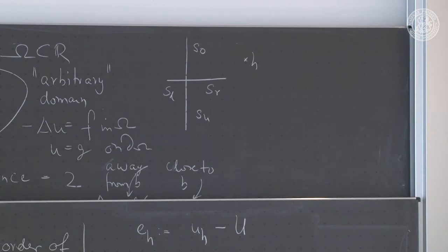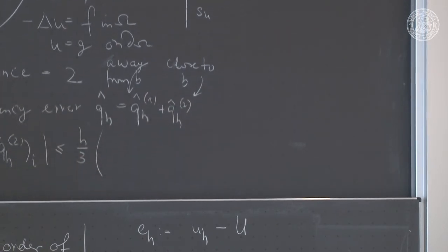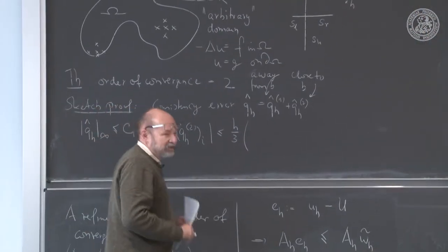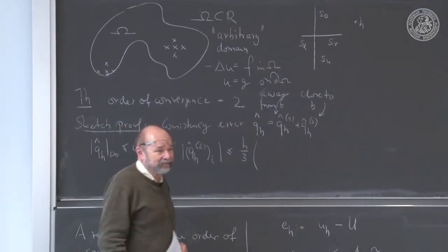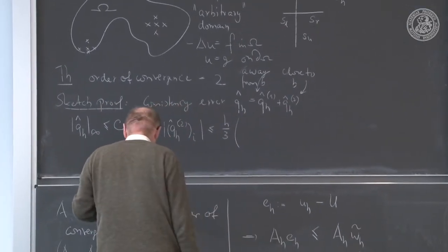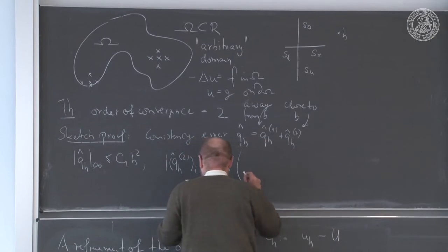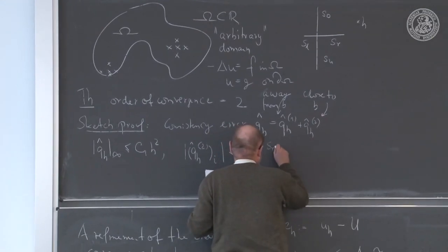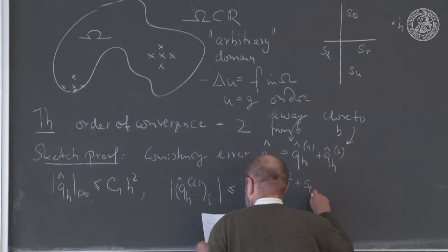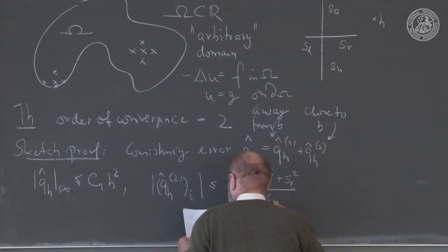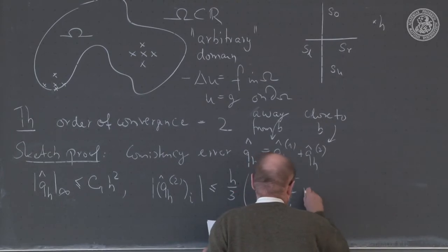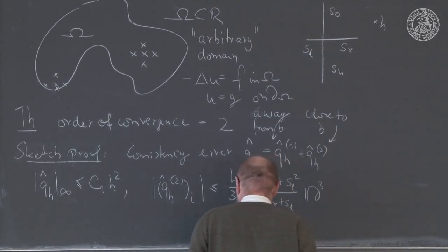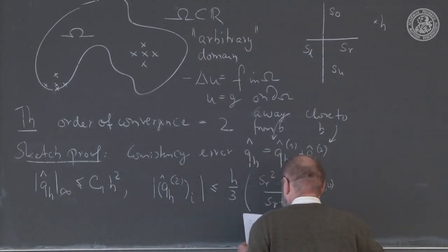This is the notation which I use for these lengths. So these are numbers between 0 and 1. And these numbers appear here, and I get estimates, basically SR square plus SL square over SR plus SL. And here I have the third derivative only in the x direction.